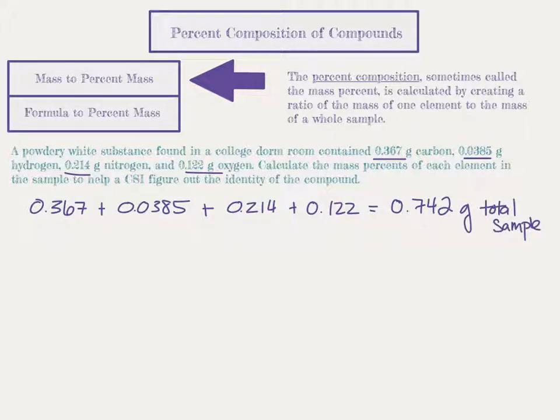Next, I want to create a mass percent for carbon, for example, since that's our first number. All I need to do is take the mass of my sample of carbon and divide it by our grams of our total sample, and then multiply times 100.